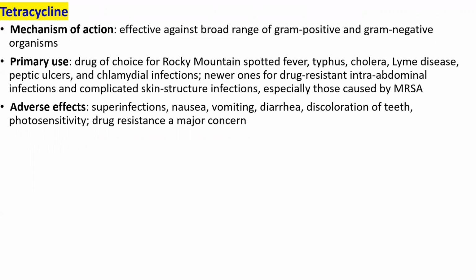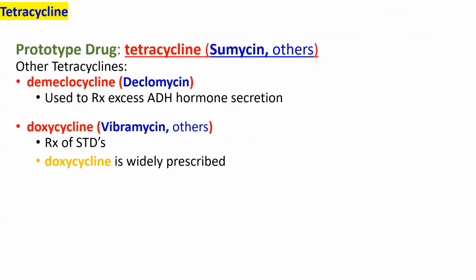The adverse effects are superinfections and other GI symptoms, and we'll also talk about discoloration of the teeth and photosensitivity from the use of tetracycline. We have 4 members of the tetracycline family available for systemic therapy.